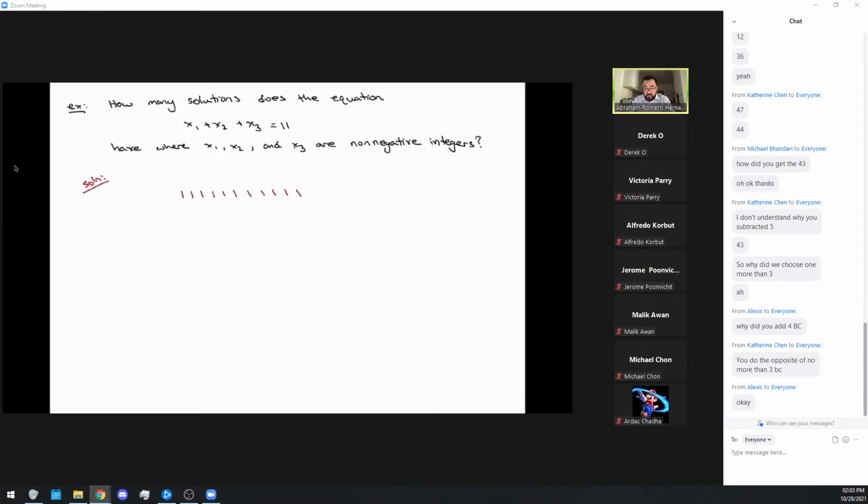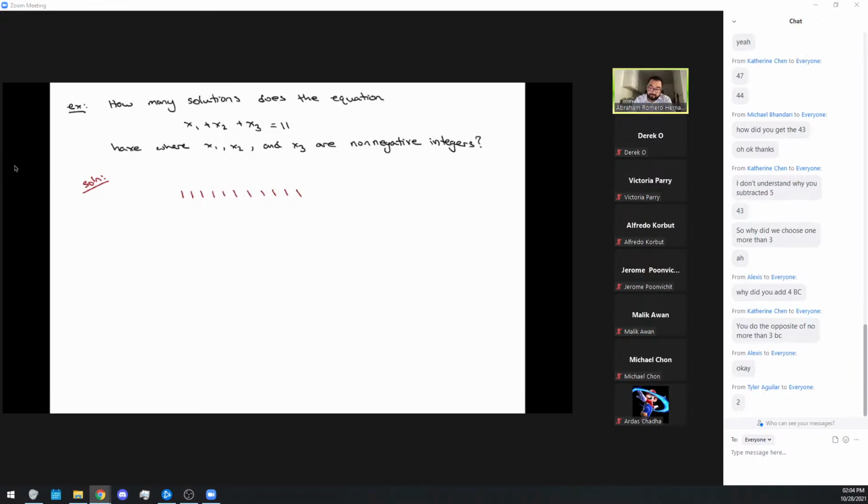I have 11 ones, but notice that they're being separated here: x sub 1, x sub 2, and x sub 3, meaning I have 3 categories or 3 boxes. So if I want to break these ones into 3 boxes, how many dividers would I really need? 2, right? I could put a divider here, and I could put a divider here.